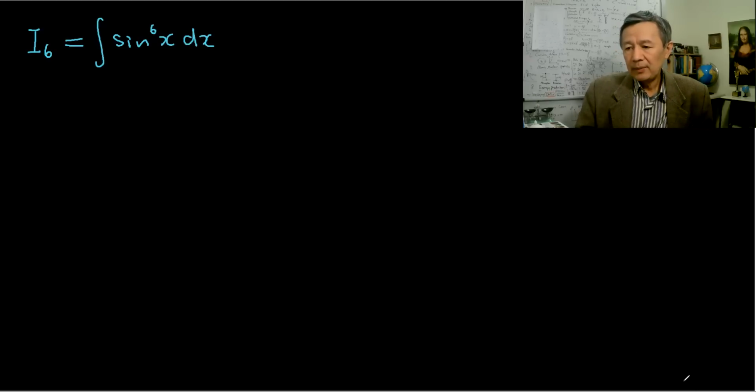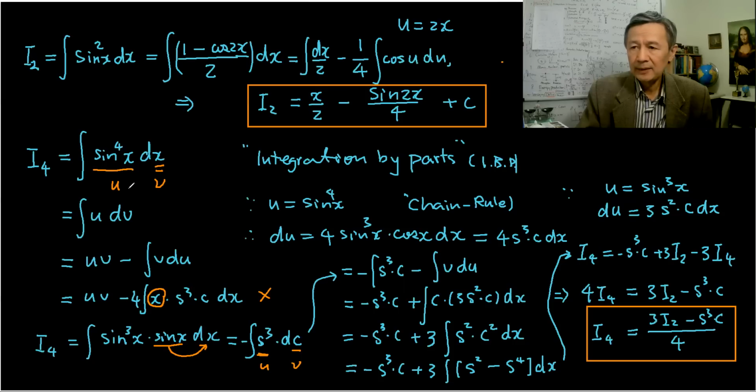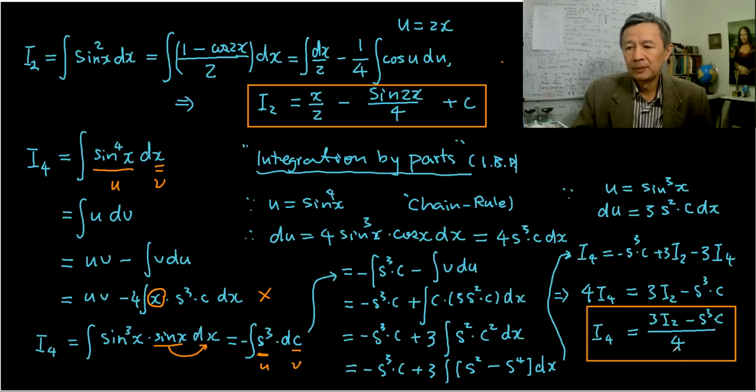Because we have gained some experience with power 4, we know that in this case we are obliged to use our heavy weapon, if not an atomic bomb: integration by parts, IBP.